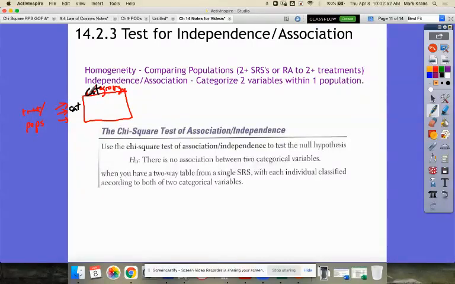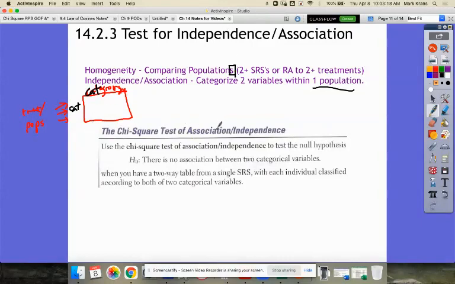So you take one sample of people and ask, do people who prefer cats also prefer odd numbers? Is there an association between what type of pet people prefer and what type of number people prefer? So it's the difference between one population or multiple populations.